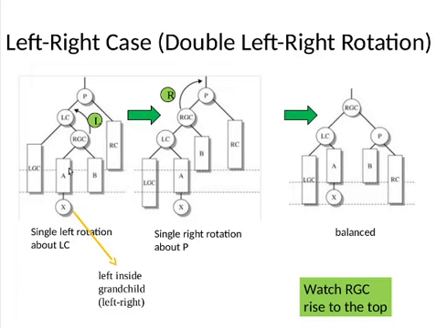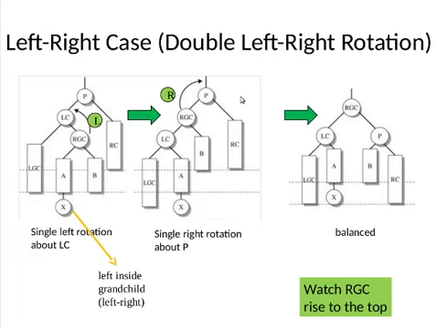Now we need to adjust A, the left subtree of RGC. As per the binary search tree property, value of nodes in A are greater than LC and less than RGC. So they can be attached on the right of LC without violating the binary search tree property. The resultant tree is mentioned in the middle of slide.